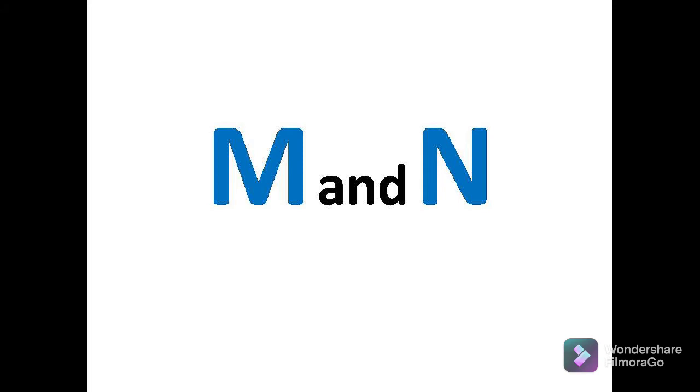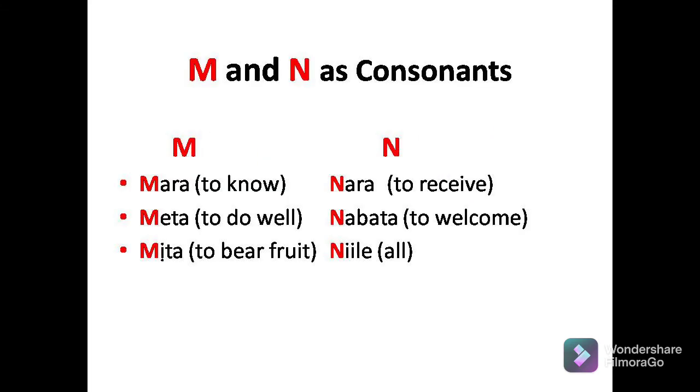The question will be, how do you know when they are functioning as semi-vowels or when they are functioning as consonants? Now look at your screen very well. You will see that we have vowels after the M and the N. So whenever you see a vowel coming after M and N in words, just know that their functions there are consonants and not semi-vowels. Let's look at them in words.